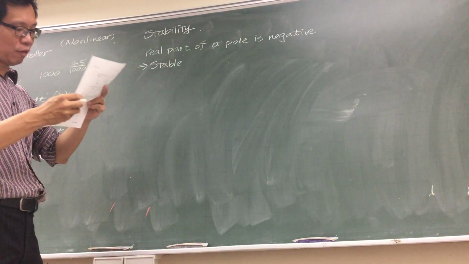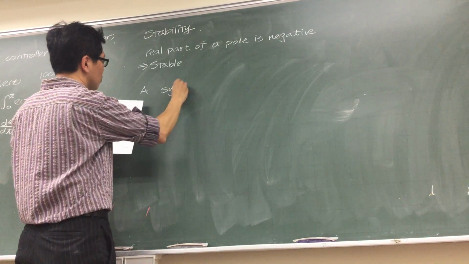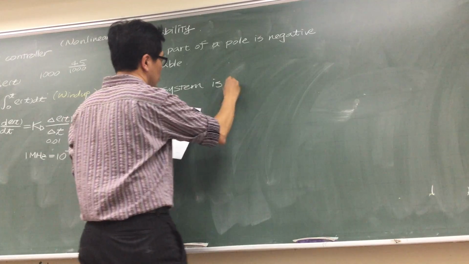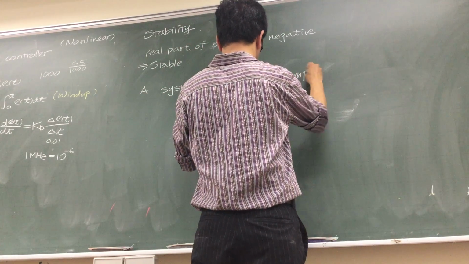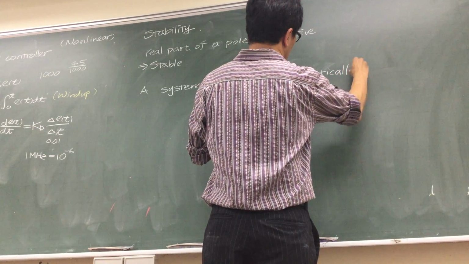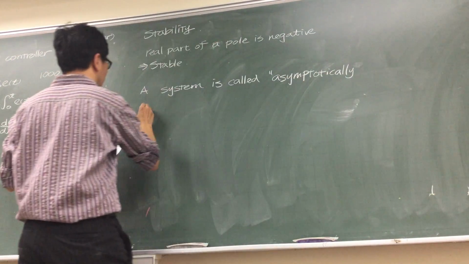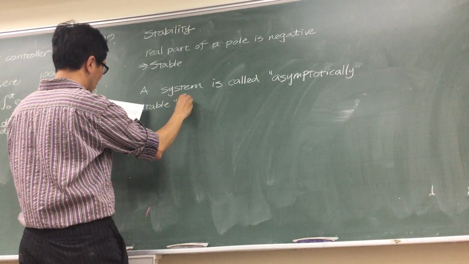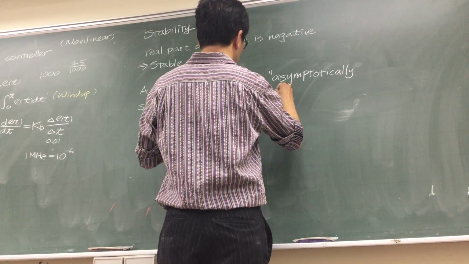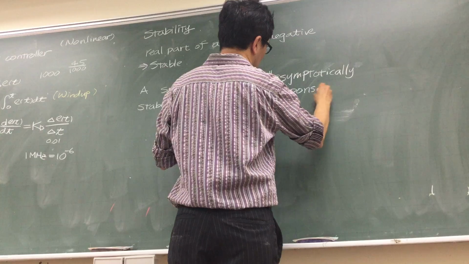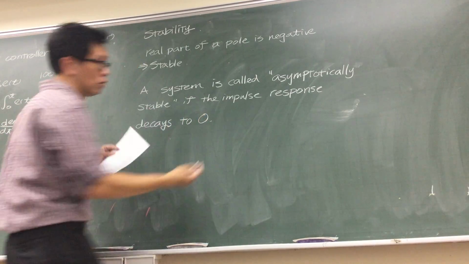But there is one specific term over here. It says the system is called asymptotically stable, and the impulse response case to, what does that mean?